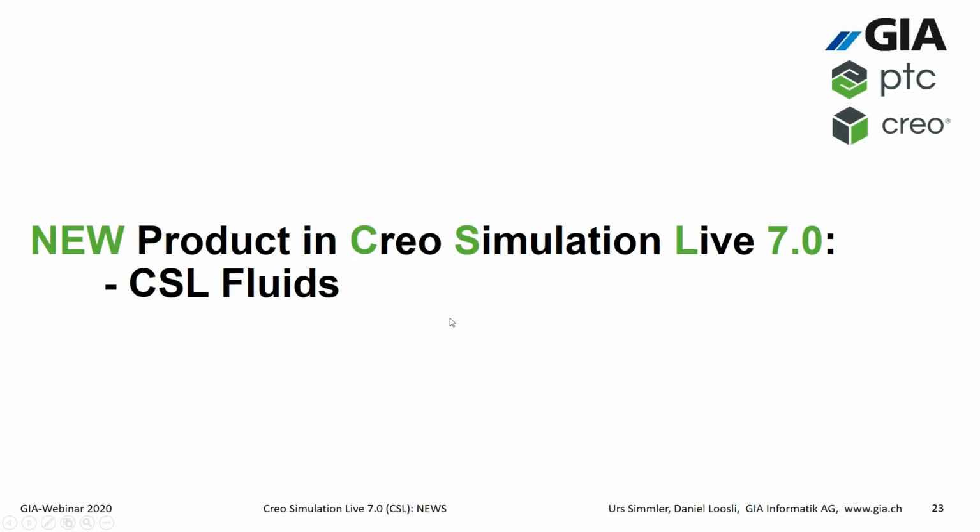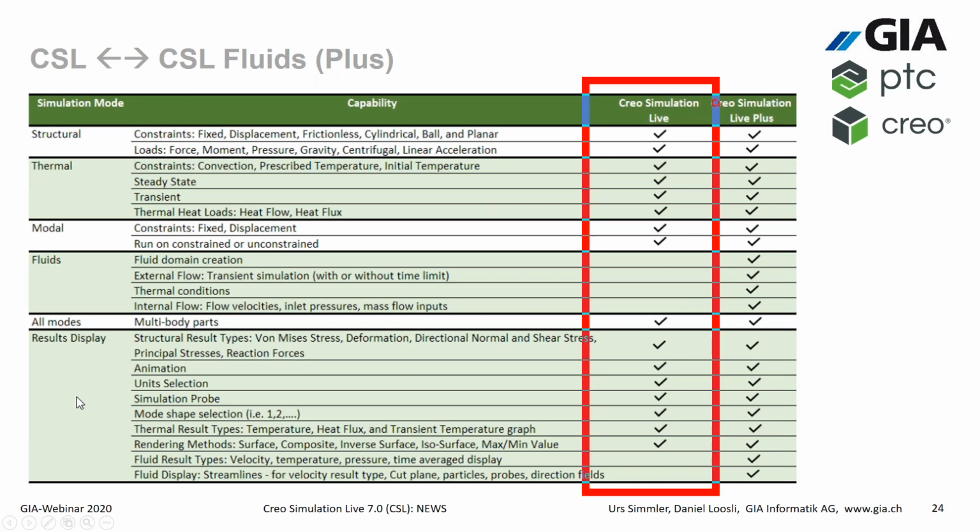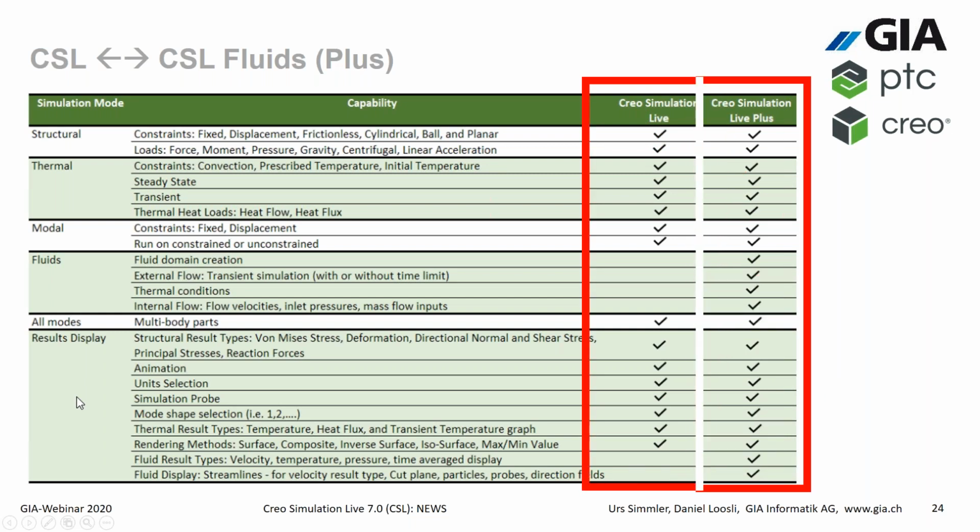So that means if you have an old license of Creo Simulation Live, the fluid capabilities will not be automatically available. So this is a new product. We have the Creo Simulation Live product, and we have the Plus product, or the fluid product. And in the Plus product, we'll see the additional fluid capabilities.